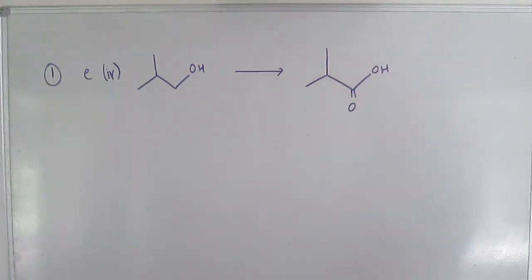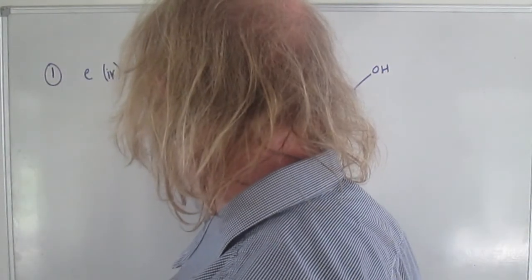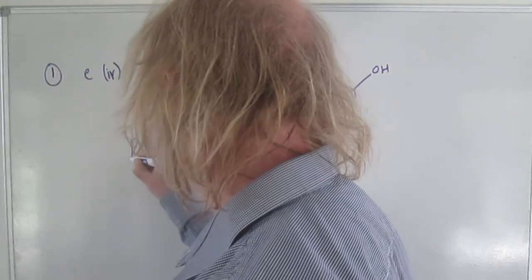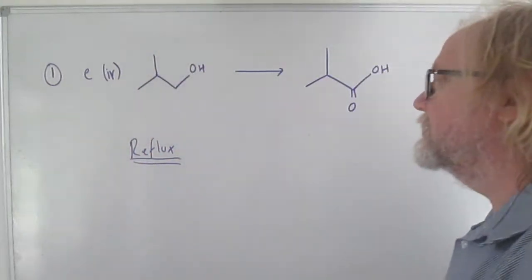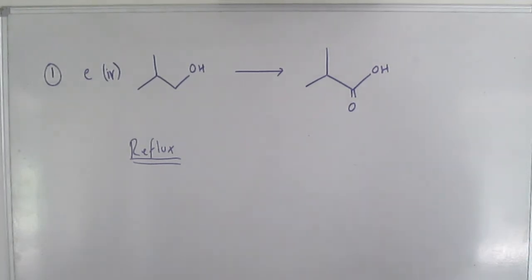And you need an experimental setup which will make sure that you don't stop at the aldehyde stage. So the technique you use is called reflux. And that's a very important word. So you need to practice drawing the diagrams both for reflux, which is what you want here, but also for distillation, which is the alternative method that we'll mention in a minute.